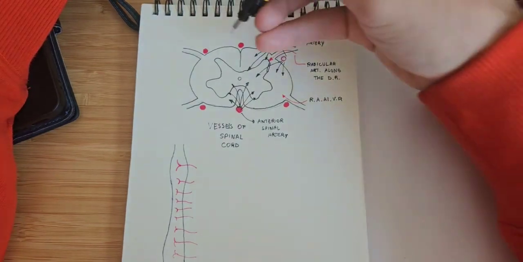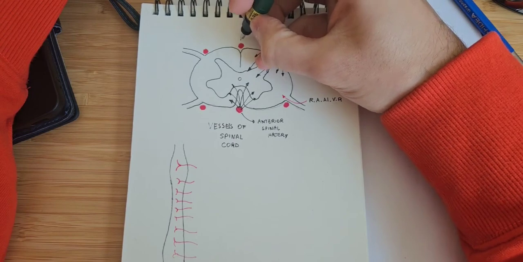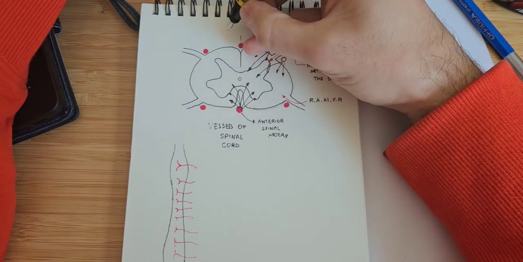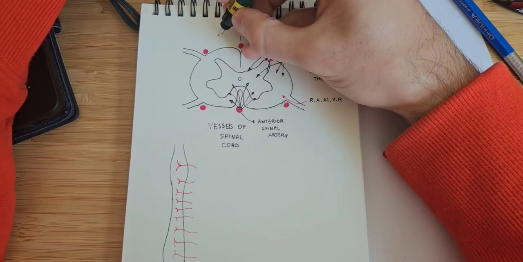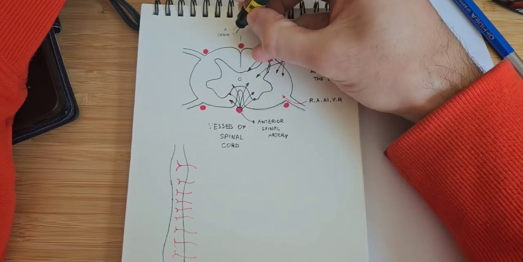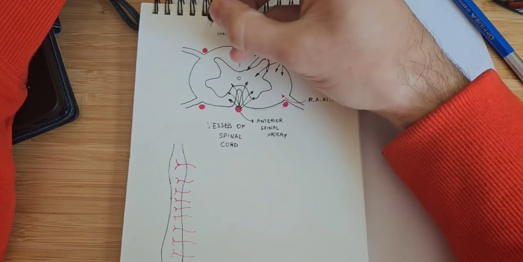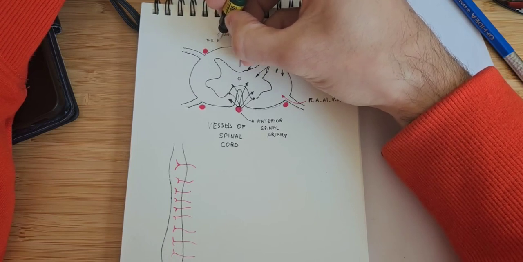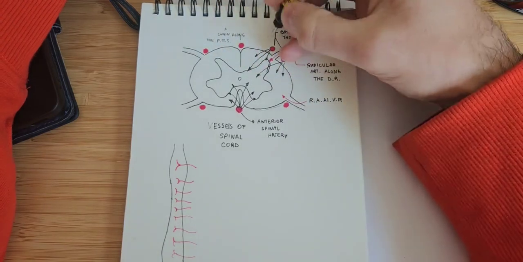We have here a chain along the posterior median sulcus.